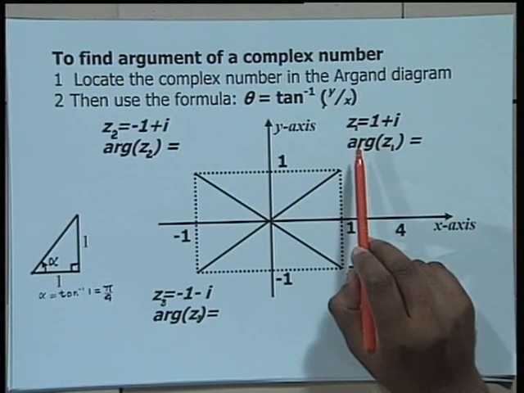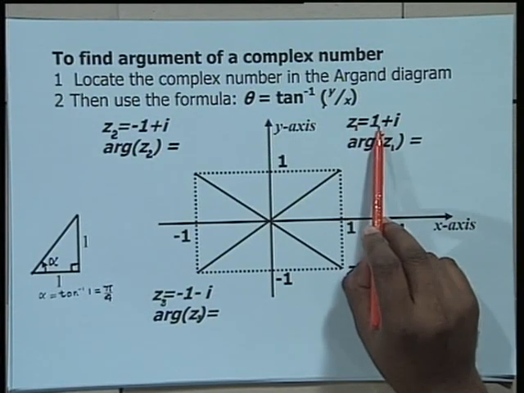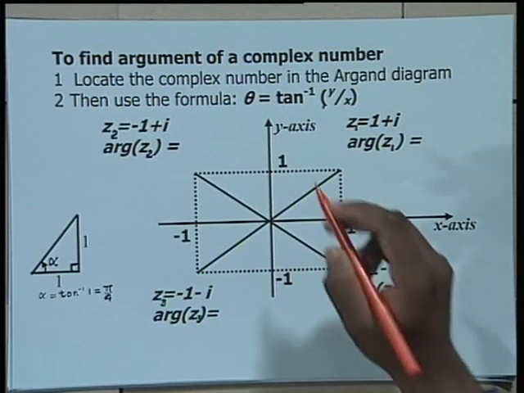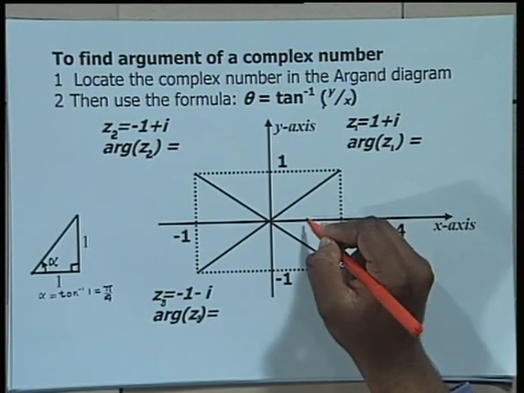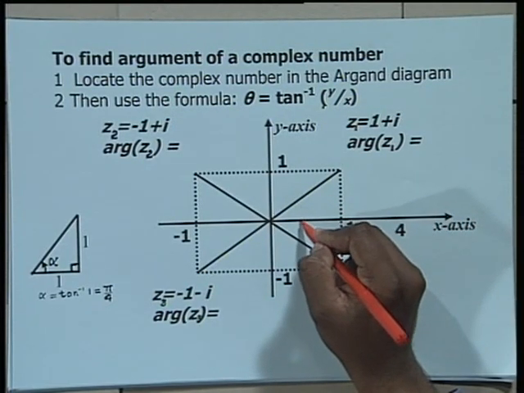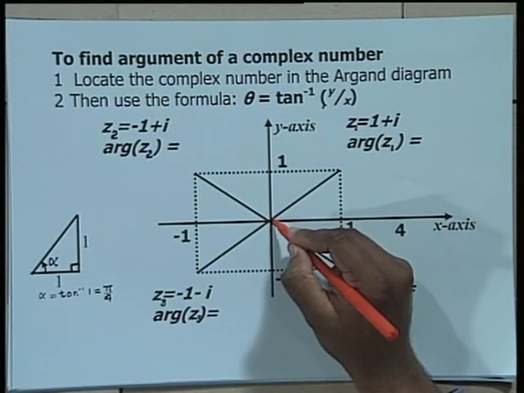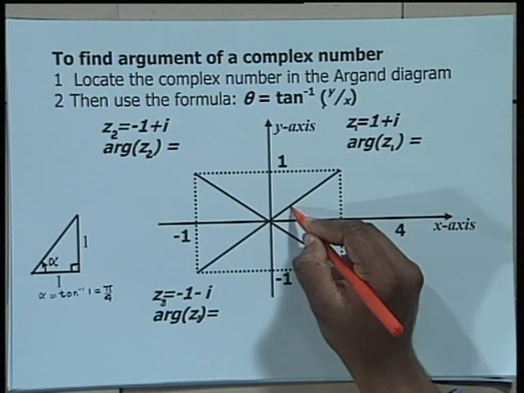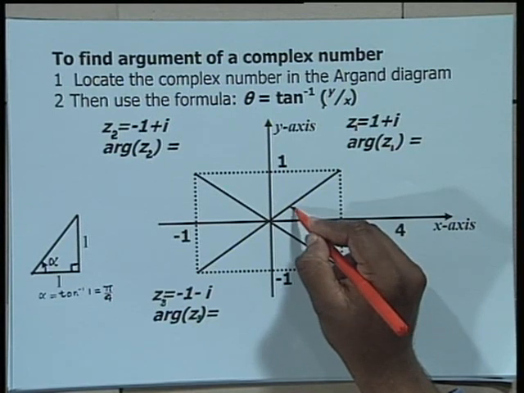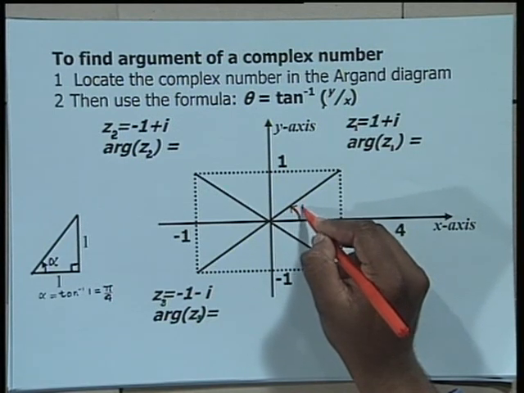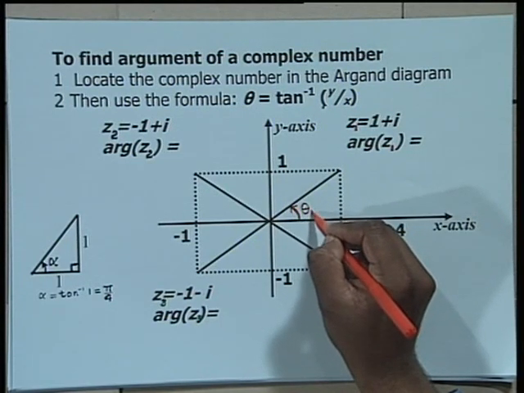Let's find the argument of the complex number 1 plus i. The argument of Z1 would be the angle between the positive real axis and the line joining origin to Z1. So this angle will be the argument of Z1.